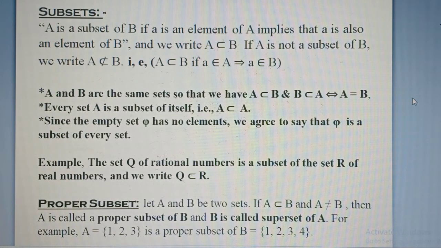So students, next, what do you mean by a subset?